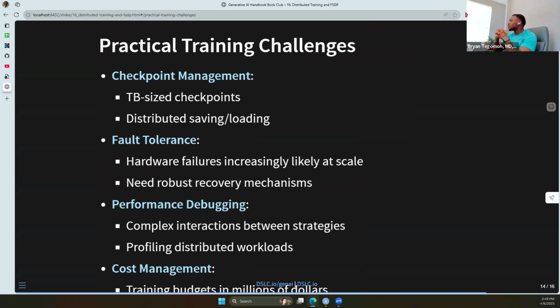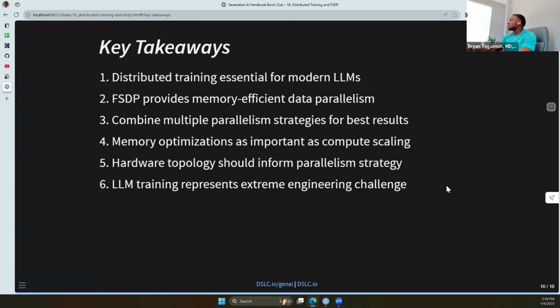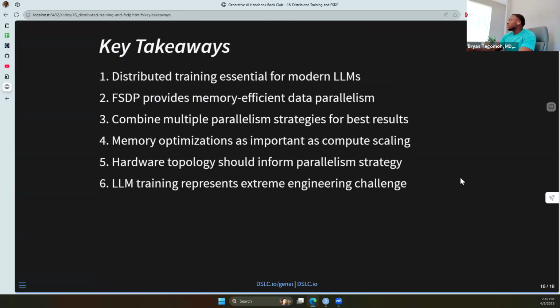FSDP, or fully sharded data parallelism, provides memory efficiency and allows us to have more effective scaling, which requires combining parallelism strategies and memory optimizations that are informed by the hardware capabilities.